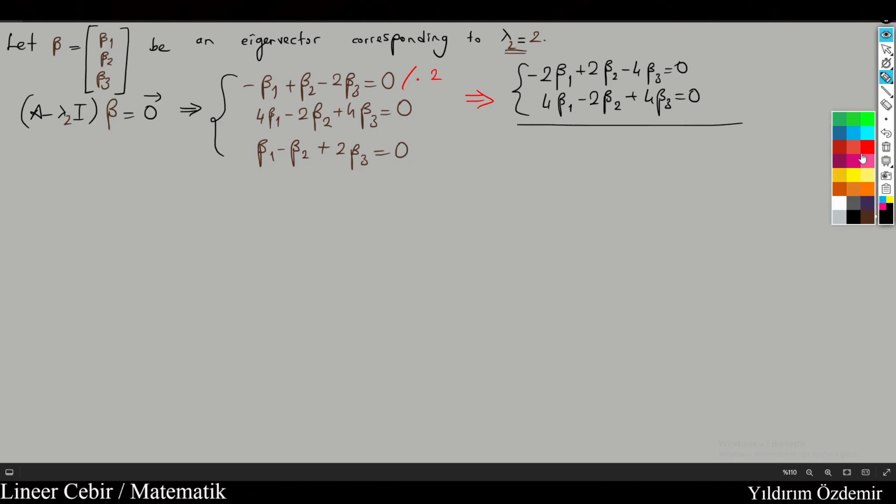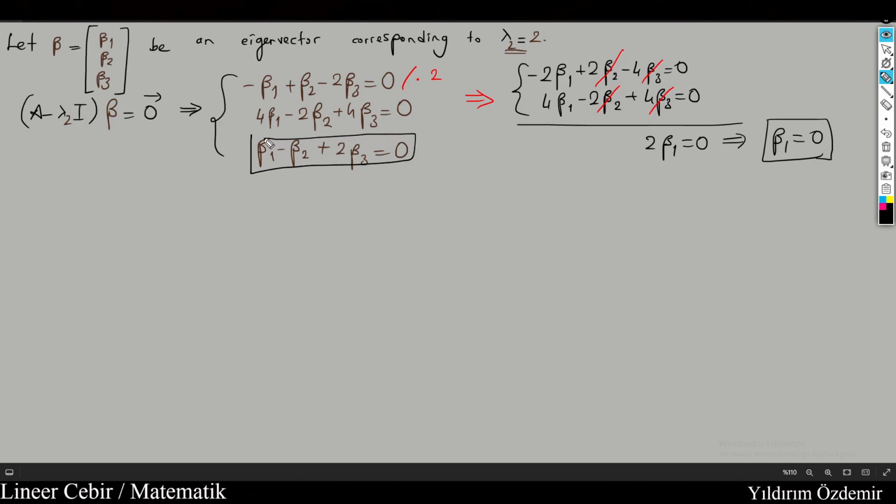Adding them, these are cancelled, and we have 2 beta 1 is equal to 0, which means that beta 1 is equal to 0. If we substitute this result into the last equation, we have minus beta 2 plus 2 beta 3 is equal to 0, or beta 2 is equal to 2 beta 3.